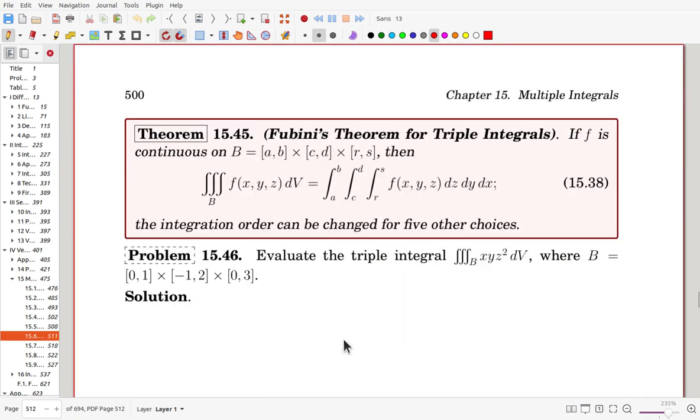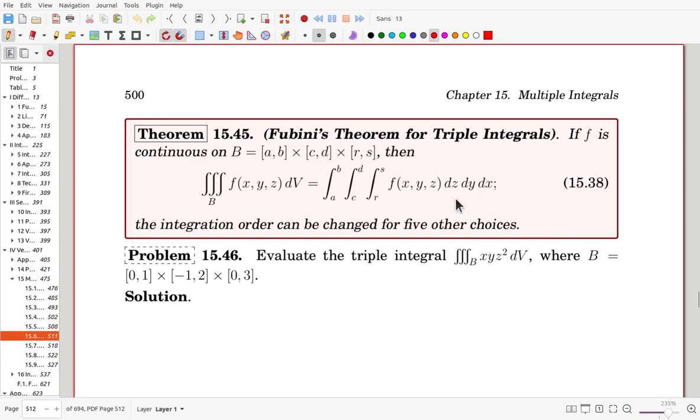Now, for the triple integral, we may consider Fubini's theorem. If f is continuous on the box, then the triple integral can be obtained with this iterated integral. So it is z innermost, then y integration and x integration.